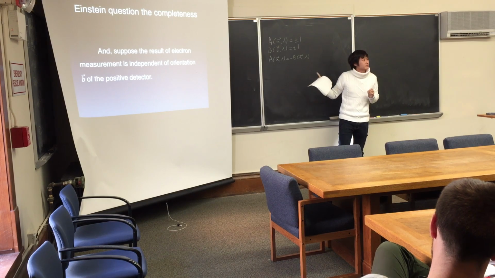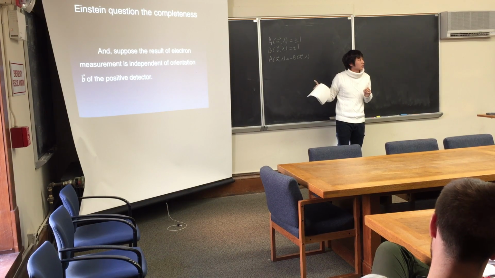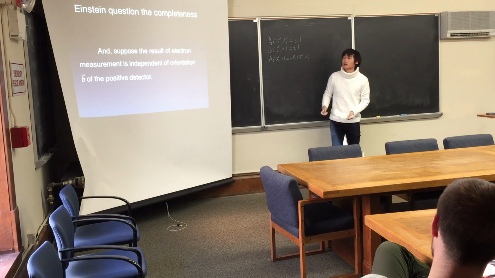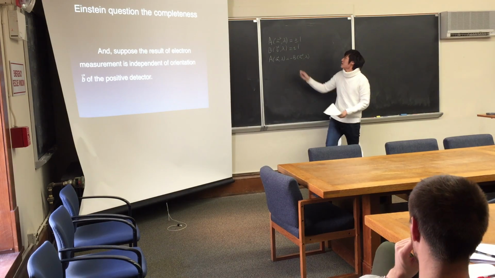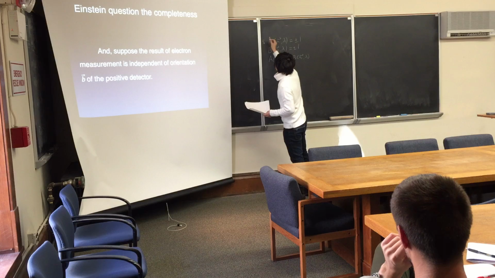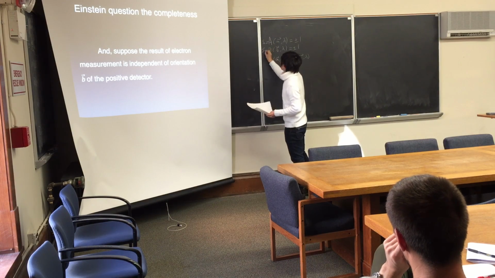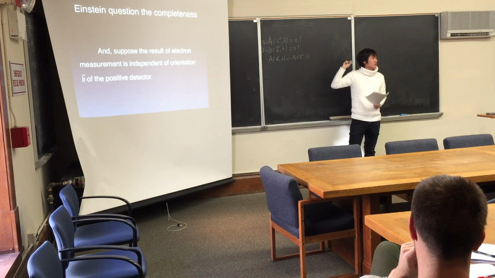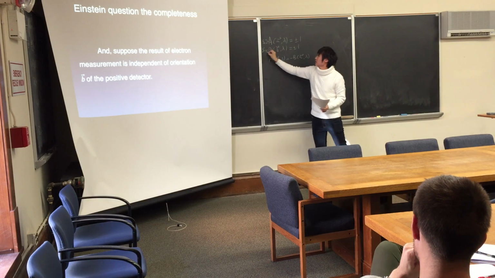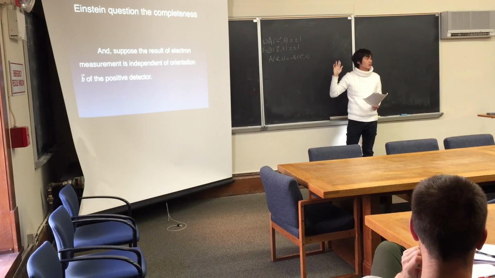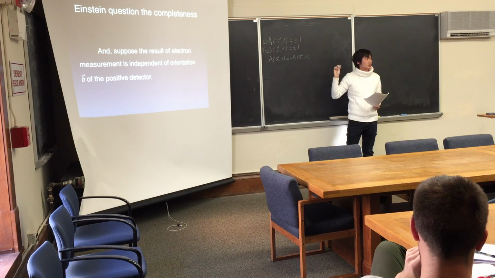But are A and B the actual values of the electron and positron spin, or is it a direction in space? Yes, I should define this. A is a direction in space, like the Z axis. Okay, fine.